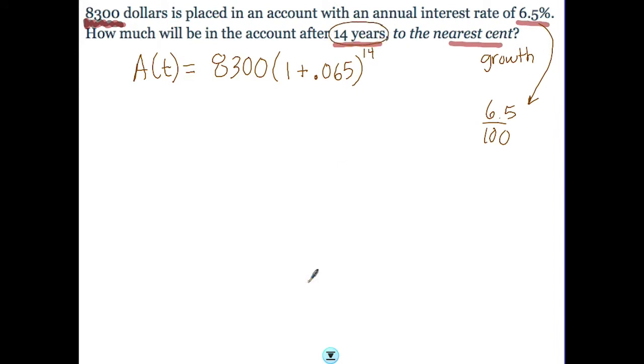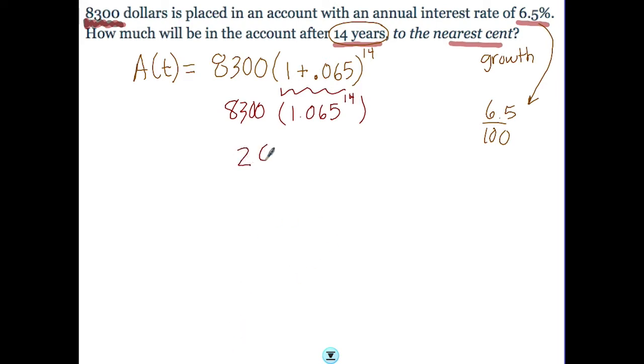Once we get here, it's all about order of operations. Make sure we do the grouping first, then the exponent, and then multiply by the 8,300.